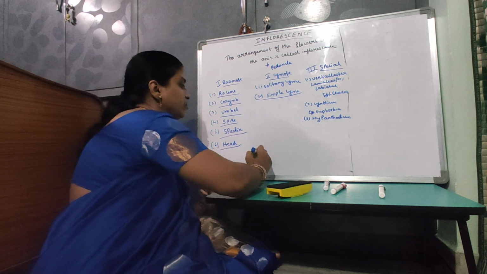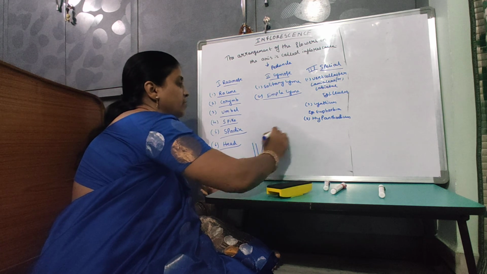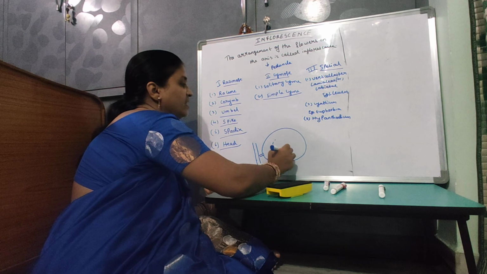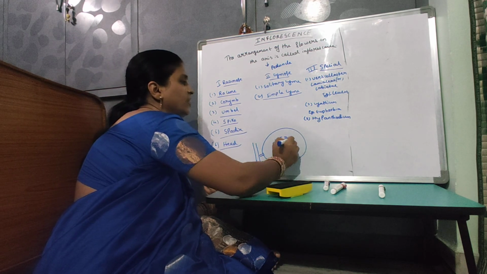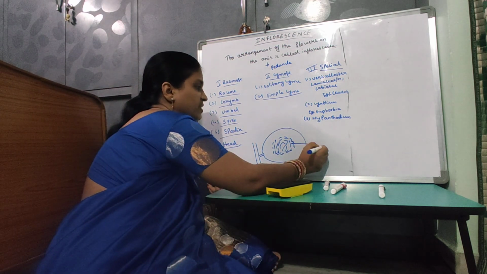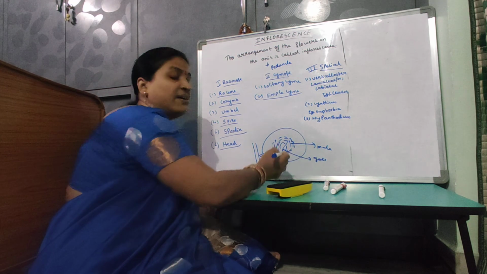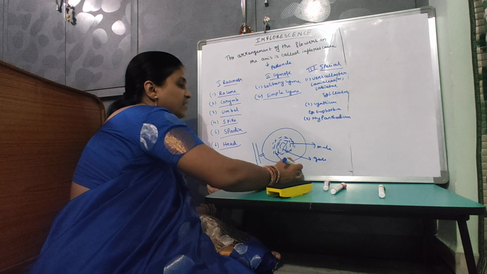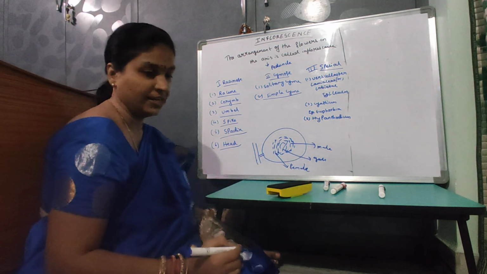Here the peduncle becomes fleshy and the flowers are arranged in an irregular manner. At the apex, the male flowers are present. In the middle, gall flowers, meaning sterile female flowers, are present. Towards the base, the female flowers are present. Unisexual flowers are arranged irregularly.